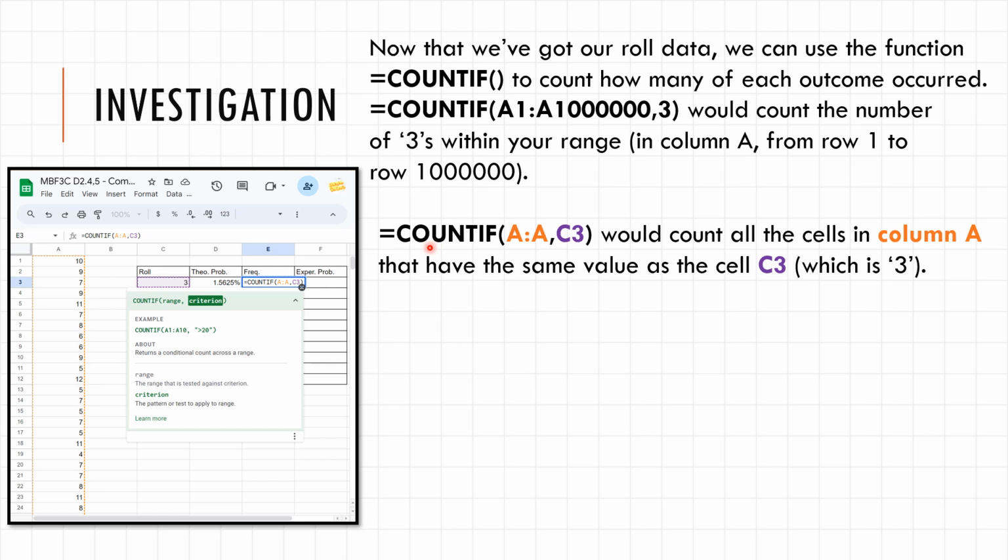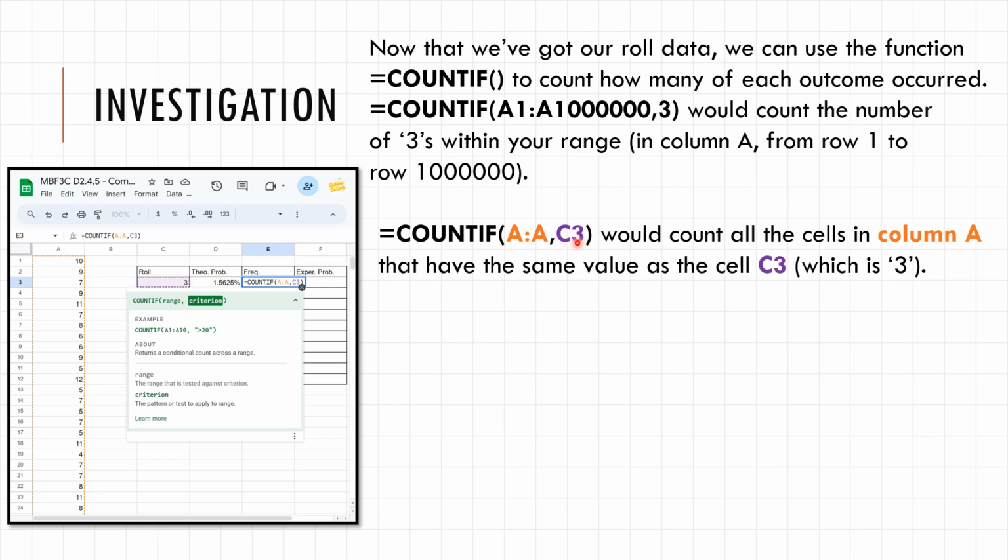My formula is actually COUNTIF A:A, that's my range, and because I didn't specify any numbers, it's going to count the whole column from A1 to A infinity if there are an infinite number of cells. Now I only have 1 million cells, so that's okay. I just wanted my formula to look a little bit cuter, a little bit smaller. So A to A, this is counting all the cells in column A that have this criterion.